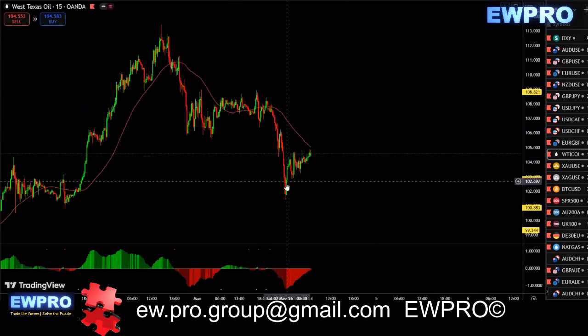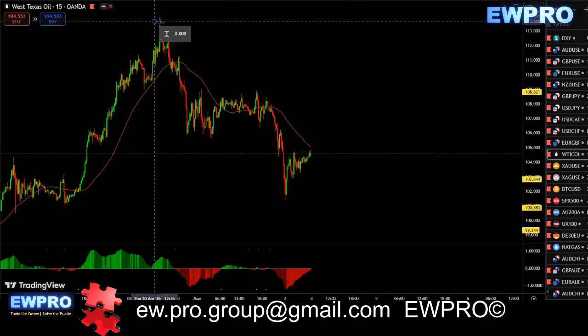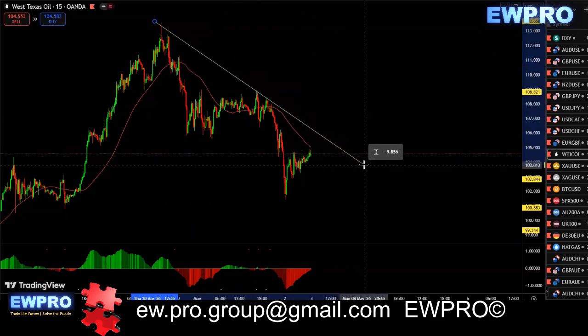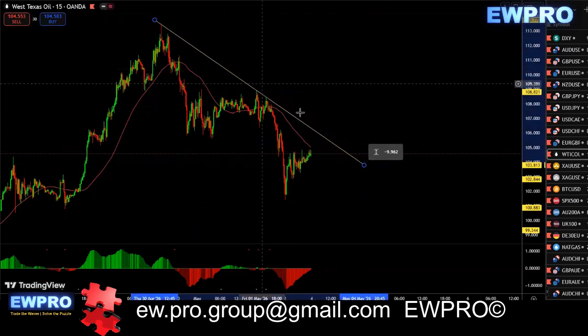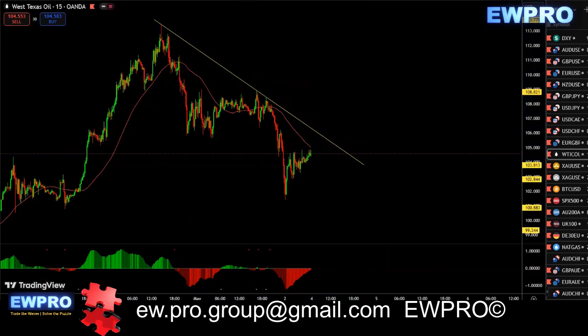It's still looking very bearish in here though. For me to buy it, I'd want a nice sharp impulse up, breaking these highs here, giving us a nice correction, and then I could look to buy to go and break the top.